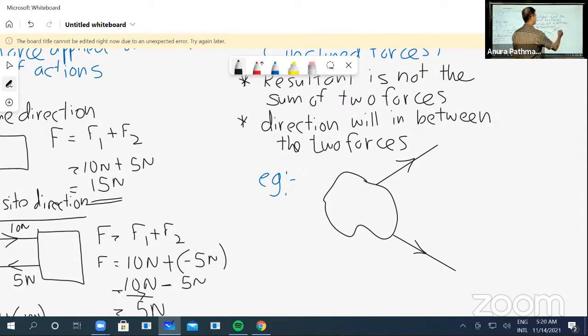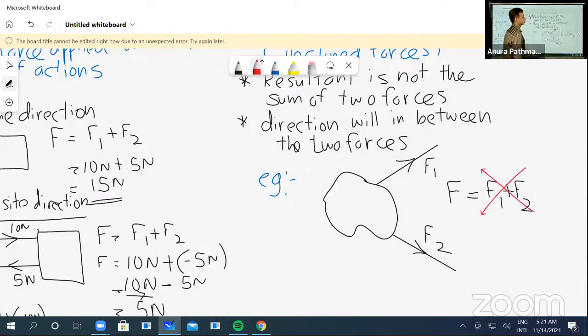So if this is F1 and this is F2, resultant is F equals F1 plus F2, that's not correct. And the direction will be somewhere here in the middle. We don't know the exact direction, what it is. That's all we have to study in this unit.